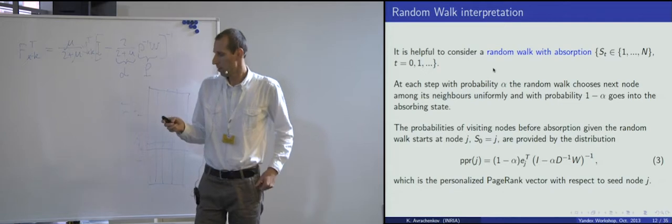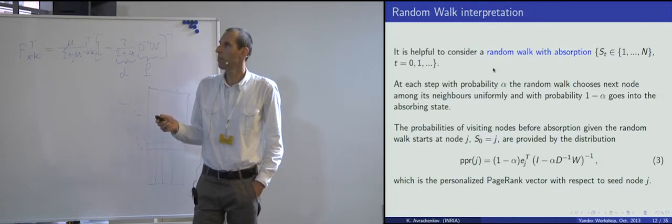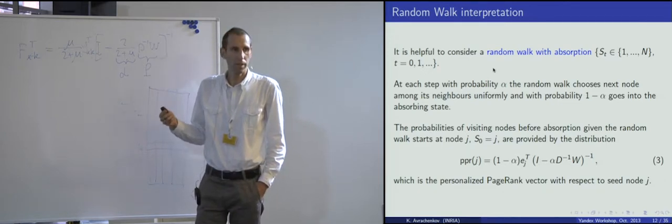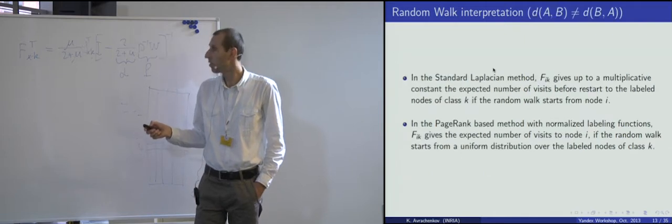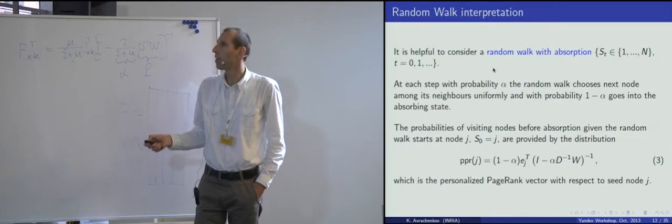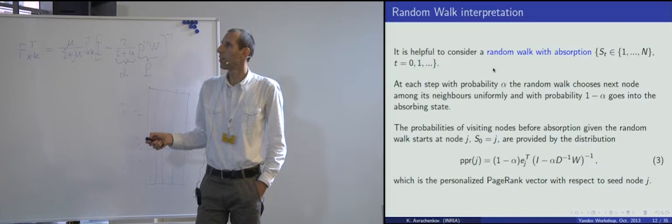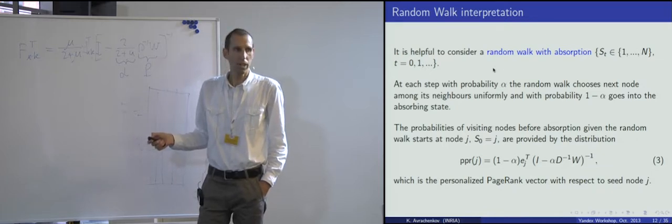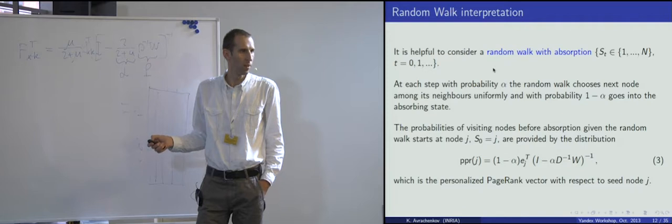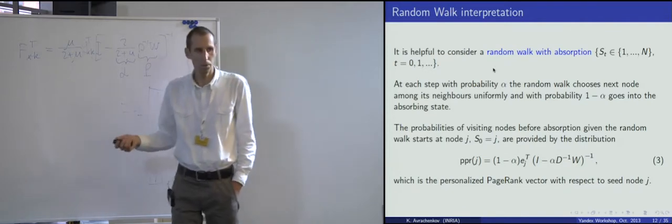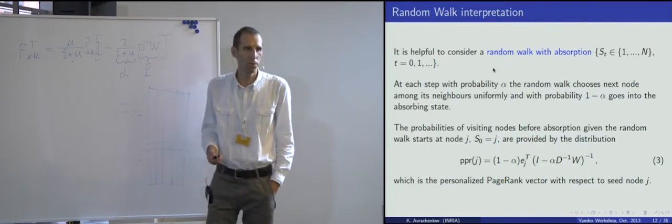Then, if we start from node J, this expression gives the personalized PageRank relative to the seed node J. That was mentioned also in the morning talk by Jennifer.